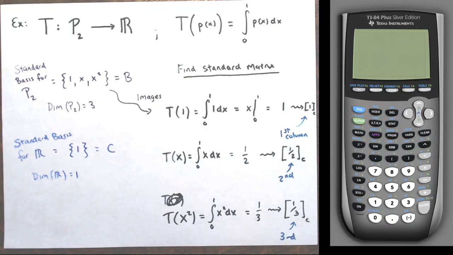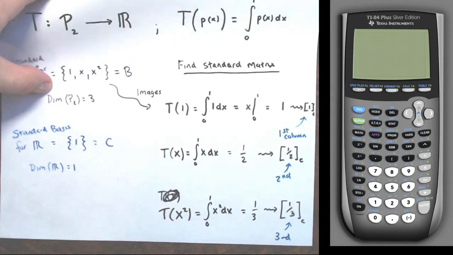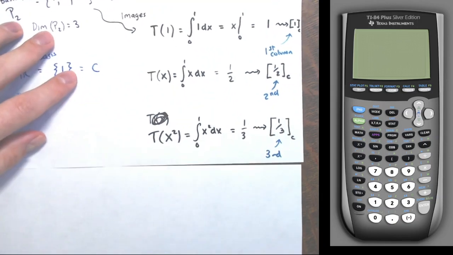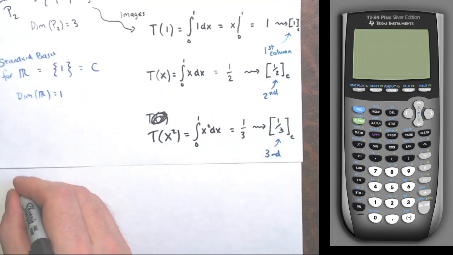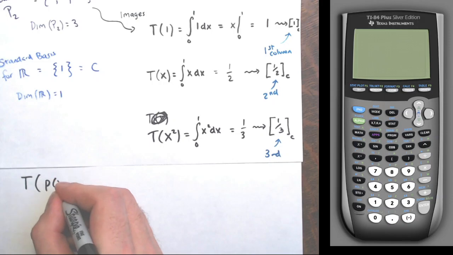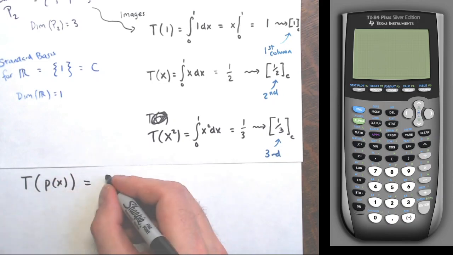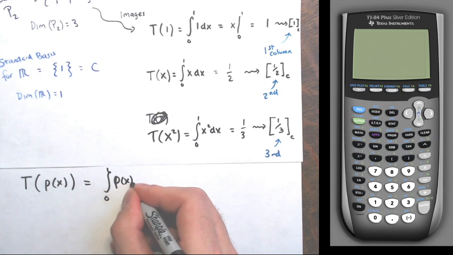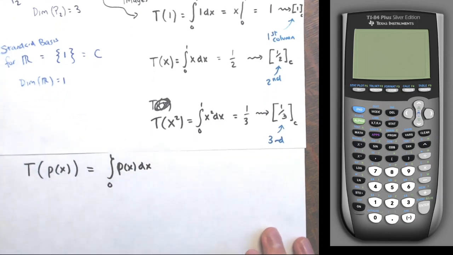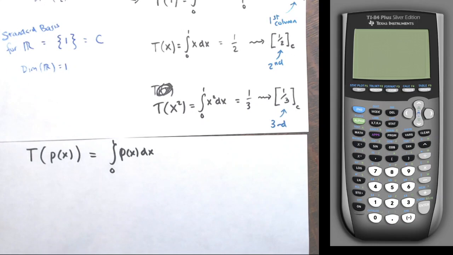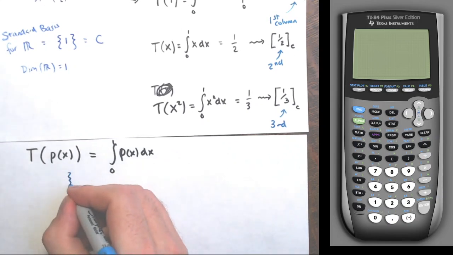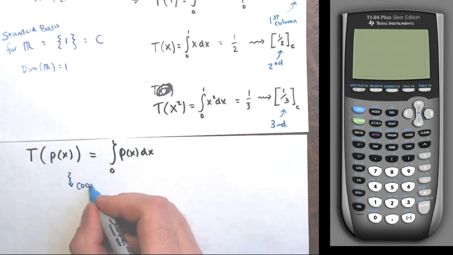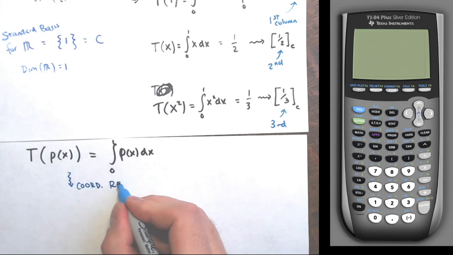All right. So let me write this on the next page. We can now take transformation T here. T of p of x, where p is some polynomial, is the integral from 0 to 1 of that polynomial with respect to x. But let's translate it to its coordinates. Let's do again the coordinate representation. I'm just going to say coord rep this time.